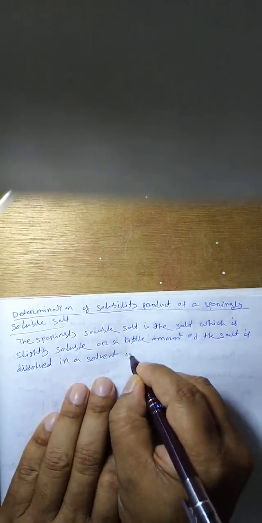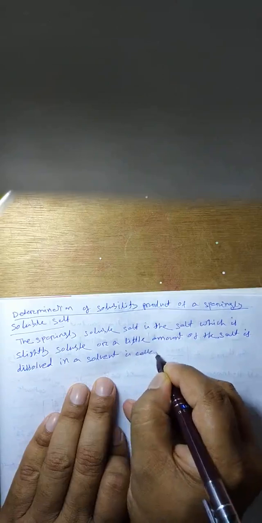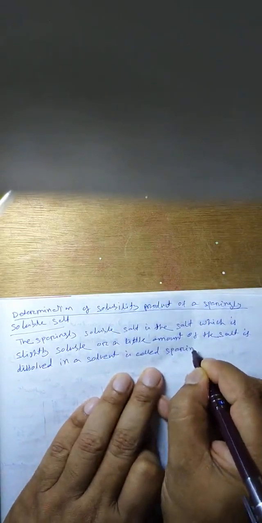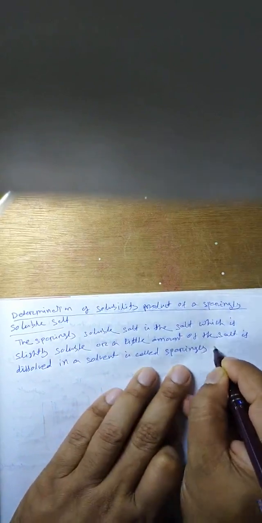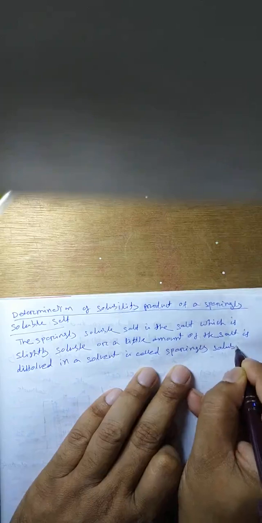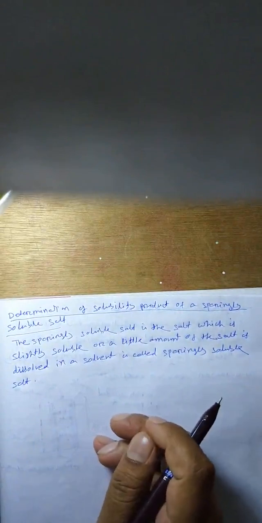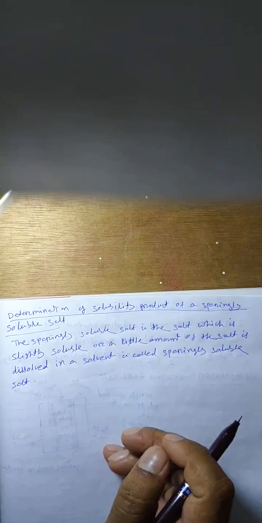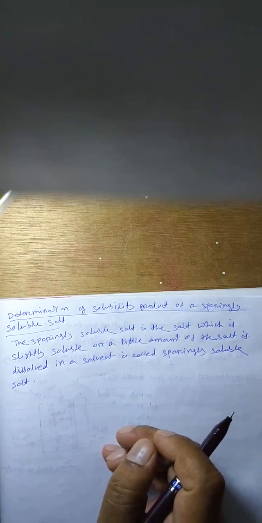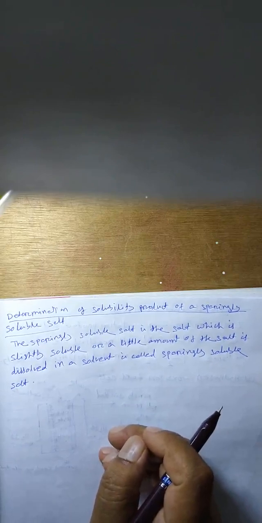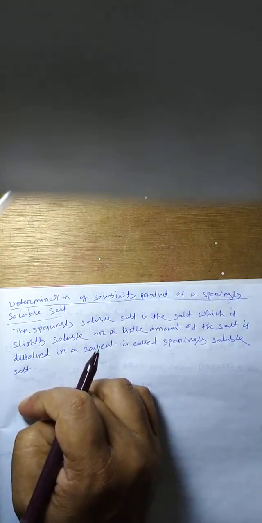That means when a little amount of the salt is dissolved in a solvent, it is called a sparingly soluble salt. That means it is slightly soluble in water or any solvent.